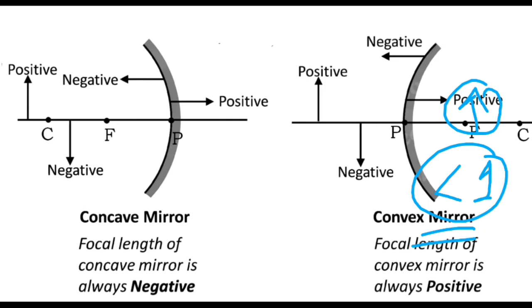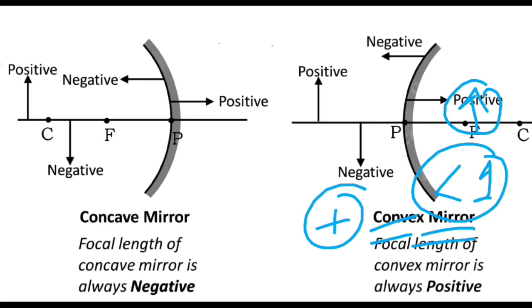That's why the magnification is positive but less than 1 for an image formed by a convex mirror. So from this magnification we can determine whether it is a concave or convex mirror.